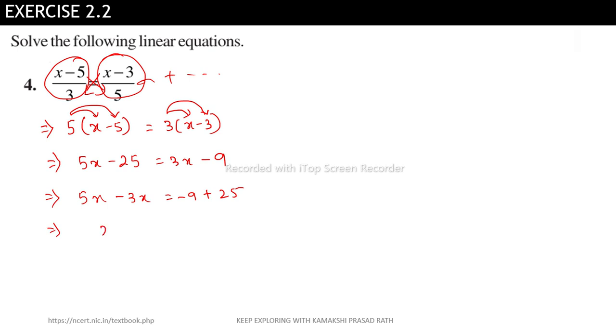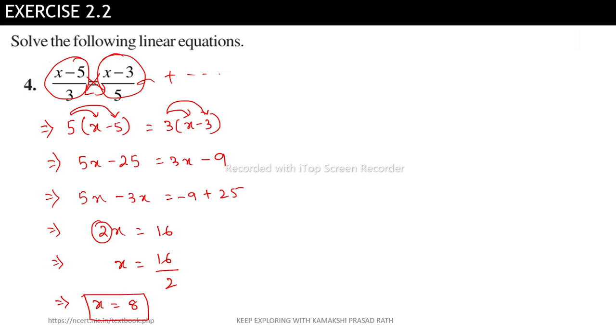So 5x minus 3x is 2x, and minus 9 plus 25 is 16. So we get 2x equals 16. 2 is multiplied, so 2 will be divided on the right hand side. So 16 by 2, we have x equals 8. This is the solution for the equation.